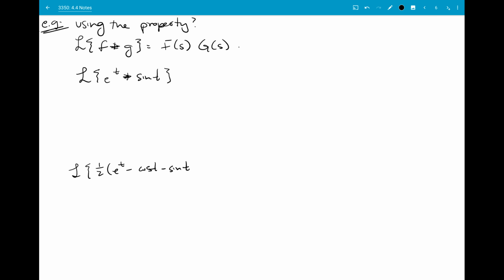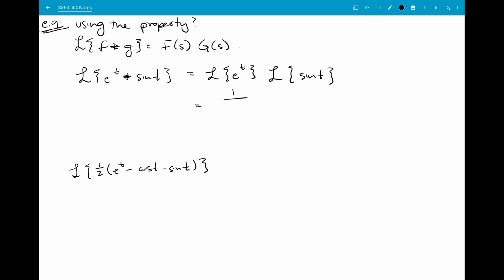Yep. So supposing that we wanted to compute L of e to the t star sine t, we know from the property that this is going to be F of s times G of s. So it's going to be L of e to the t times L of sine t.